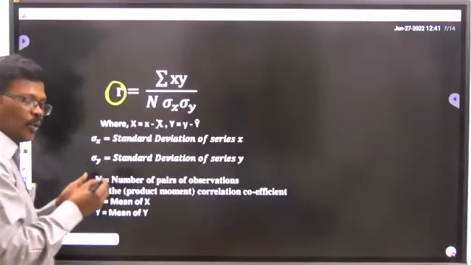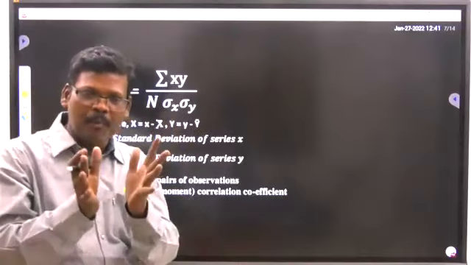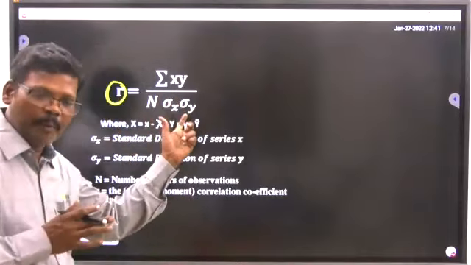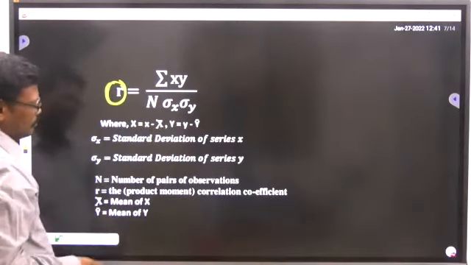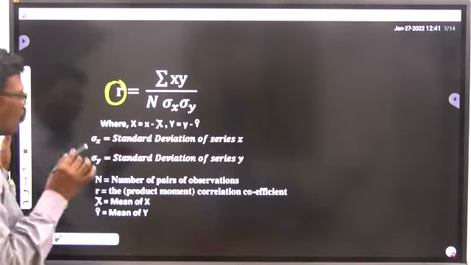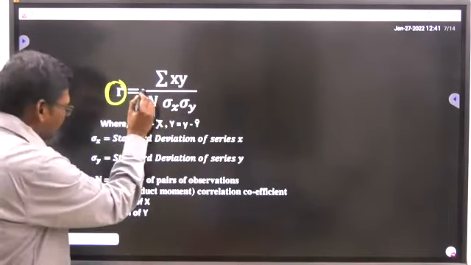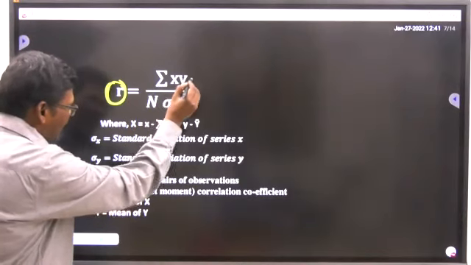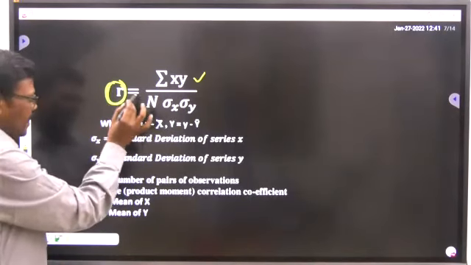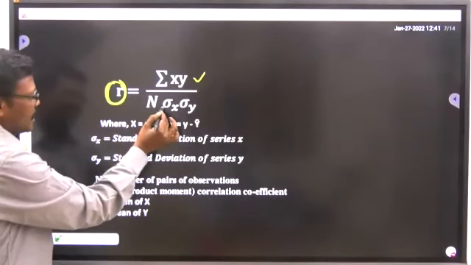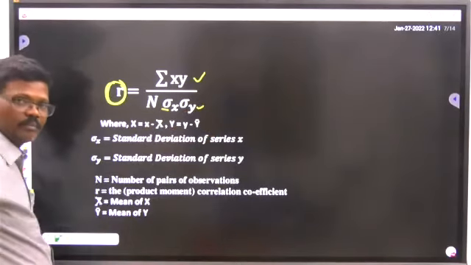To know the relation between variables, this formula should be used, where R, the Karl Pearson coefficient of correlation, is equal to sigma xy divided by n into sigma x into sigma y.